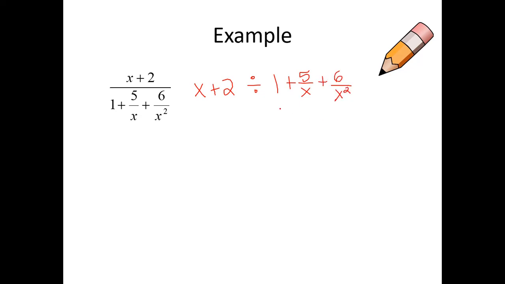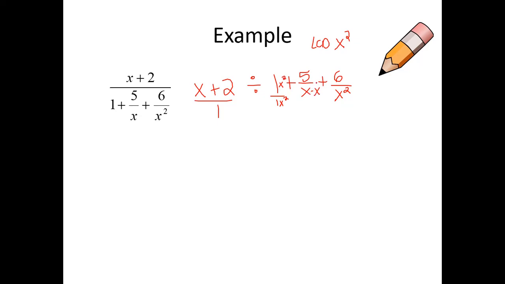So now what I'm going to do is I'm going to put this as x plus 2 over 1, because technically it's over nothing, right? It's not a fraction. But I am going to get this denominator together as a fraction. So I need to find the LCD, which would be x squared, right? So this, it's 1 over 1, so I'd multiply the top by x squared and the bottom by x squared.